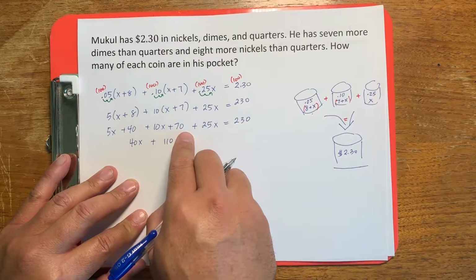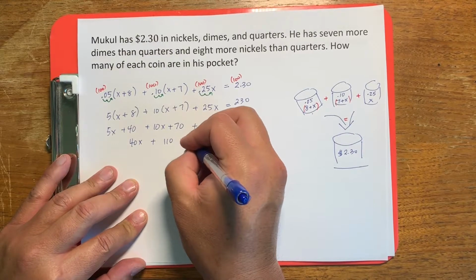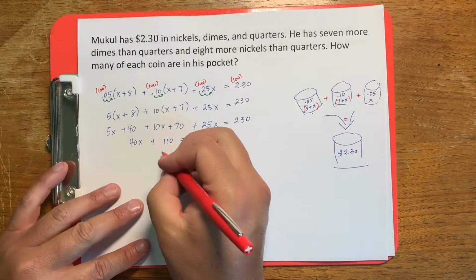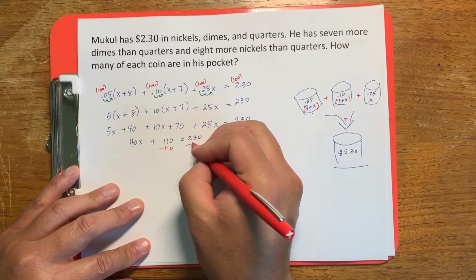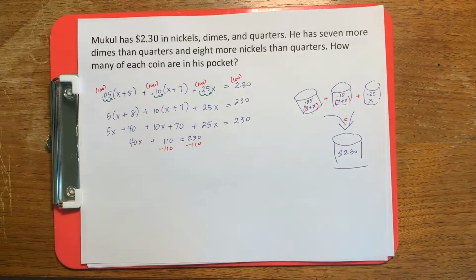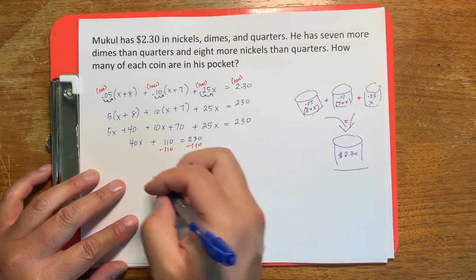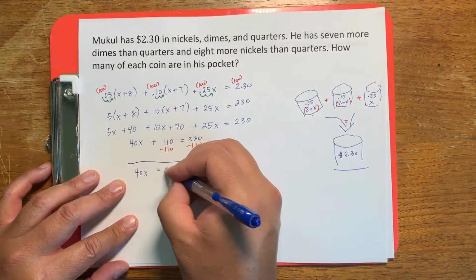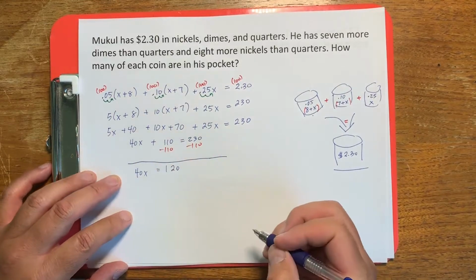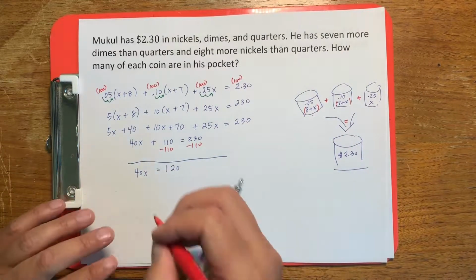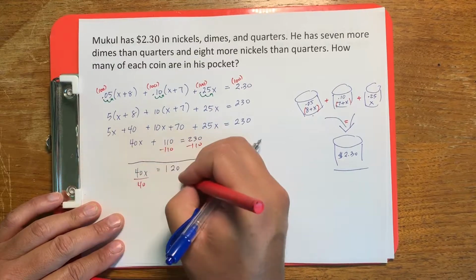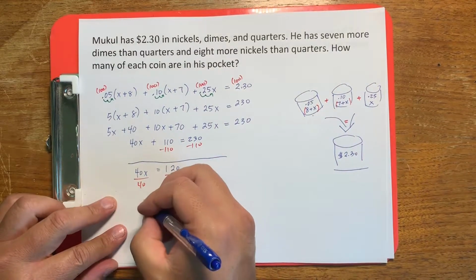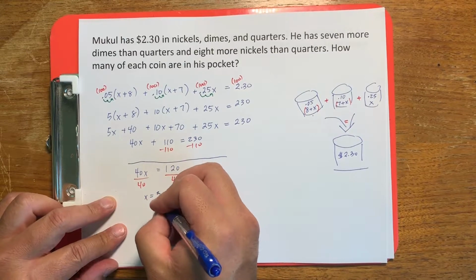If I add the 40 and the 70, is equal to 230. Now let's isolate. And we end up with 40x equals 120. And if we divide both of these by 40, we should get x is equal to 3.